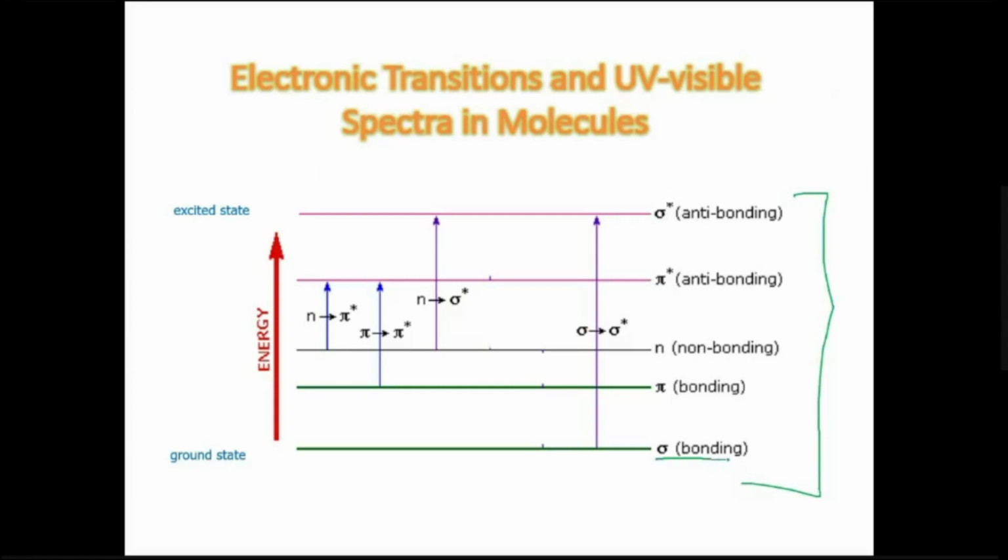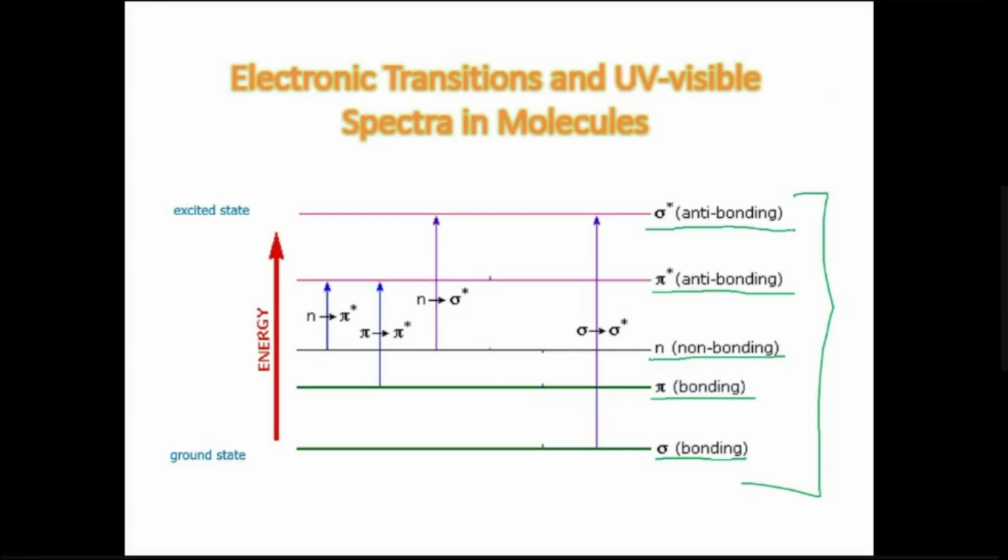Energy level for sigma bonding molecular orbital, energy level for pi bonding molecular orbital, energy level for n non-bonding molecular orbital. This is the energy level for pi star anti-bonding molecular orbital, and this is the energy level for sigma star anti-bonding molecular orbital.